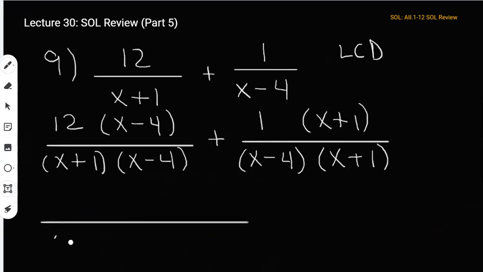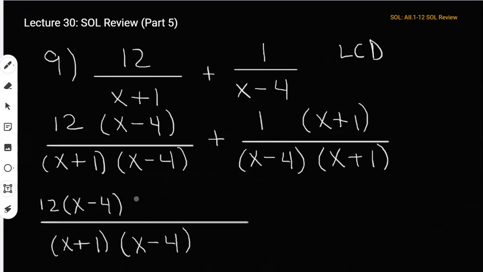So now I'm going to write everything as one fraction, with an x plus 1 and an x minus 4 on the bottom. So on the top, I have 12 times x minus 4.